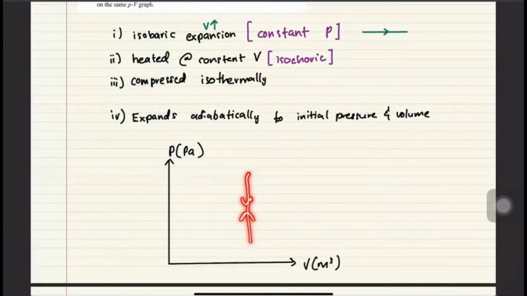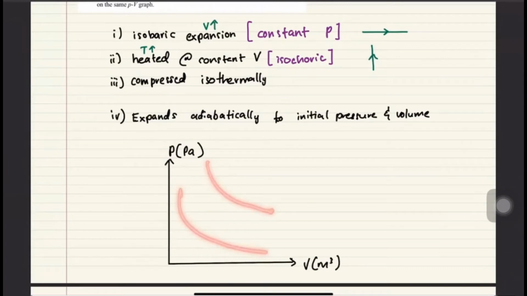Ke atas. Kenapa? Heated. Yes. So the temperature increase because it is being heated. So kamu boleh bayangkan kalau kamu ada the first temperature profile tu, the second one dia akan naik ke atas macam tu. So dia jump daripada lower temperature to higher temperature during the isocoric process.